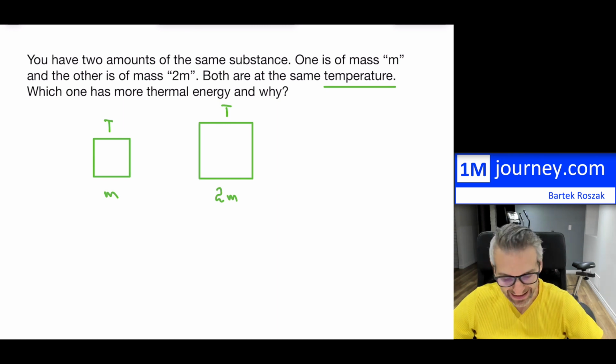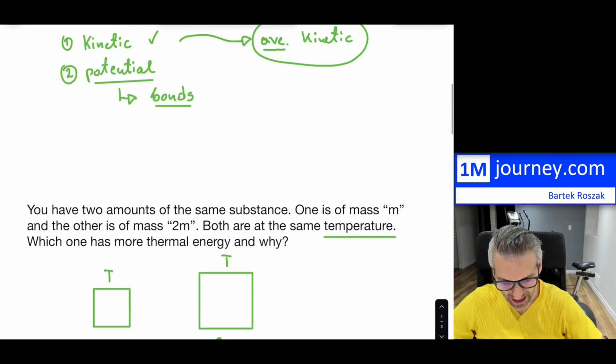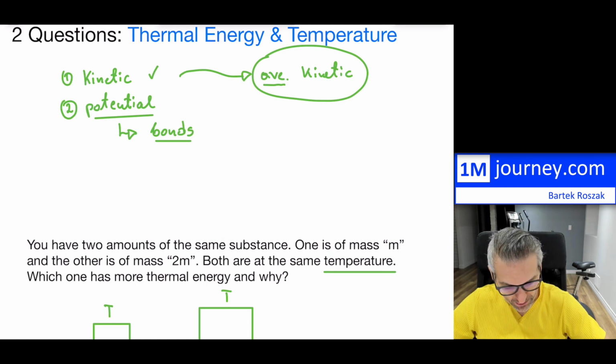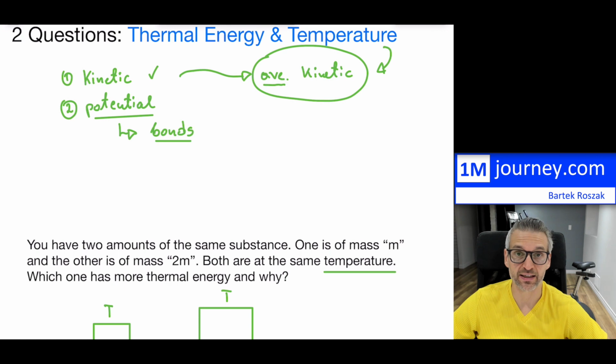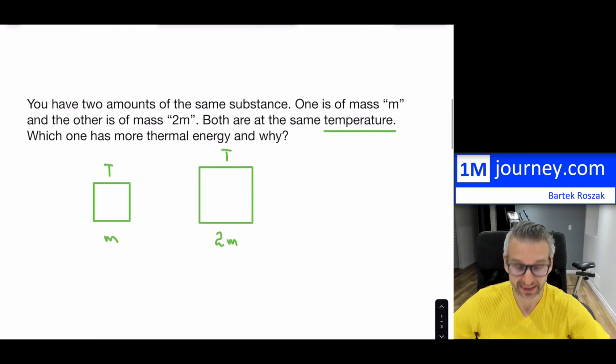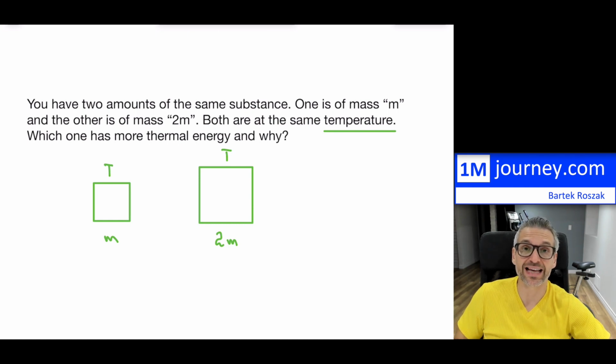This is the key distinction, to see if students can spot the difference between thermal energy and temperature. Notice that temperature, going back, measures the average kinetic energy. If you have two substances at the same temperature, sure, they can be at the same temperature because you're just measuring the average of all of the particles.